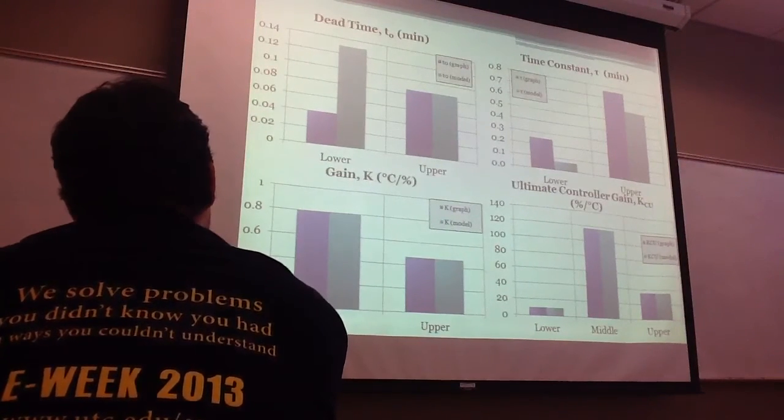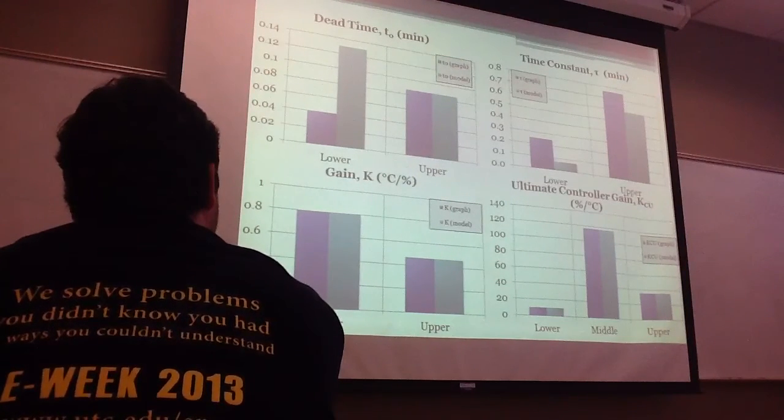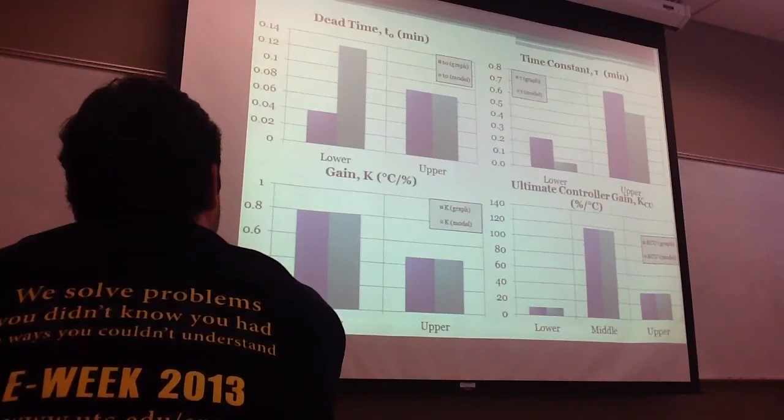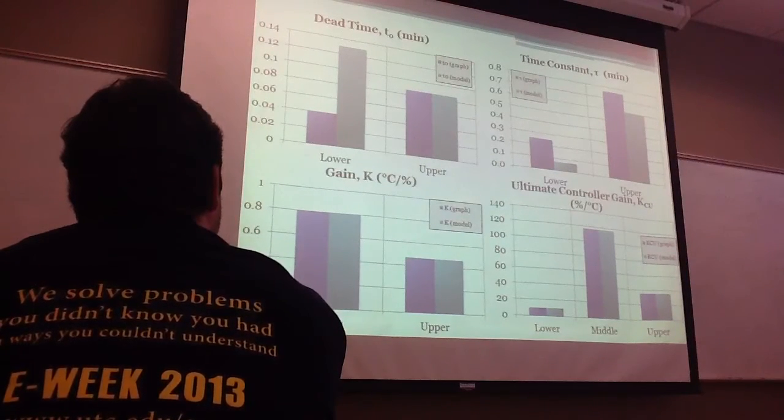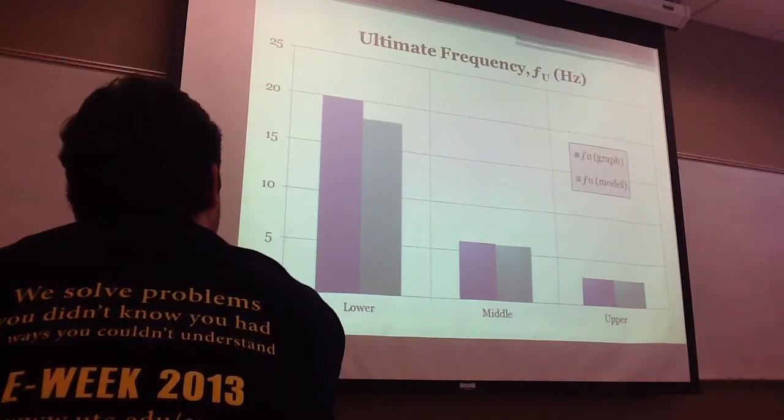Later on I'll show you the controller experiments, and from the proportional only controller experiments, it looks like the middle region's ultimate controller gain is actually the closest one to being the ultimate controller gain. And the ultimate frequency for the lower region was around 20 hertz, around 5 for the middle, and 3 hertz for the upper.